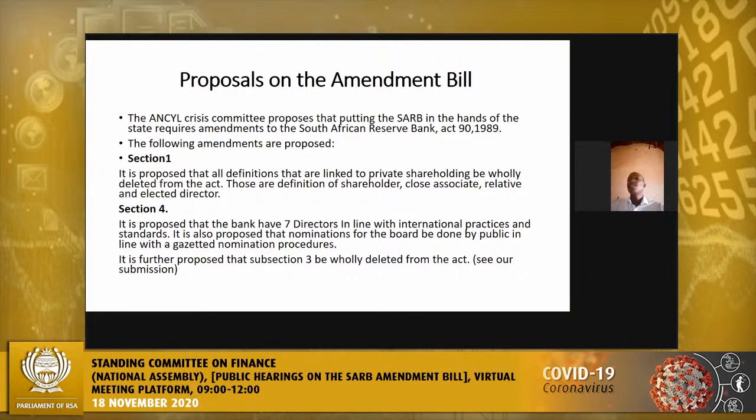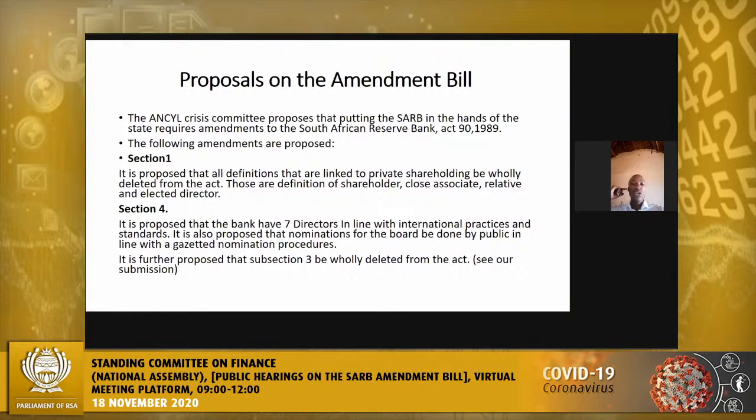In line with the international standards and practices, which business people have been talking about, 7 directors be appointed by the president through a public nomination process. So we are proposing that we delete that sentence that used to say the bank shall be governed by 14 directors.